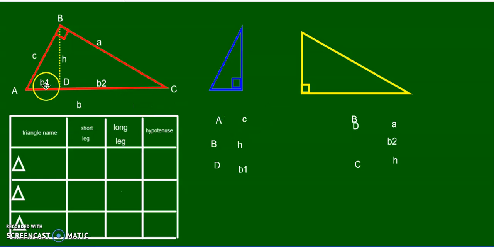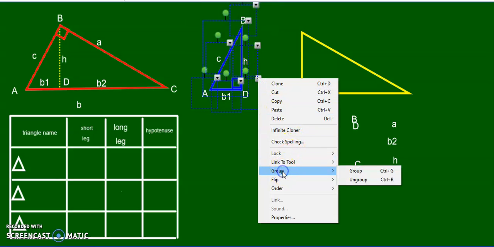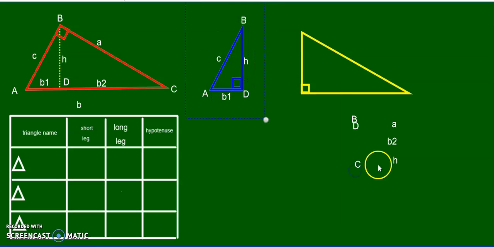So let's label everything here. This is A. Let's make this one A over here, and this one is B. That's B, and this is H, that's the height. C is over here, D is there, and B1 is this. So let's group all that so it doesn't move. Okay, and let's do the same thing here.